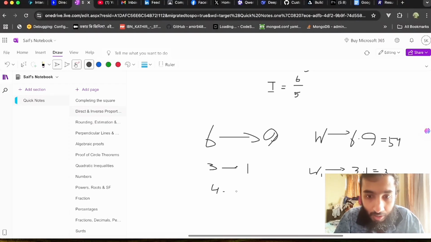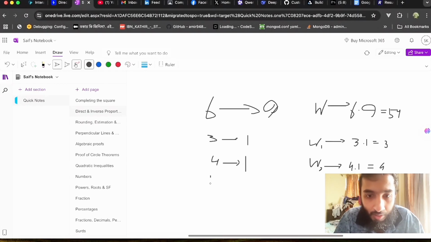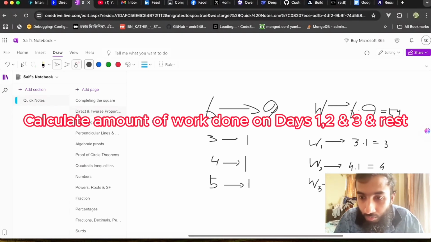Similarly, on day 2, 4 machines are working, so the work done is 4 multiplied by 1, which is 4. On day 3, 5 machines are working for 1 day, so the work done is 5 multiplied by 1, which is 5 machine days.